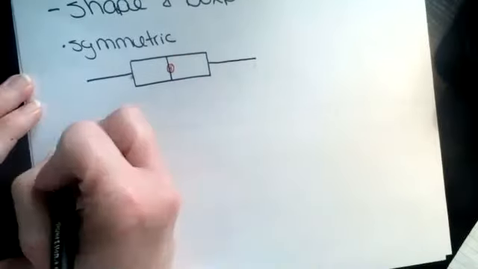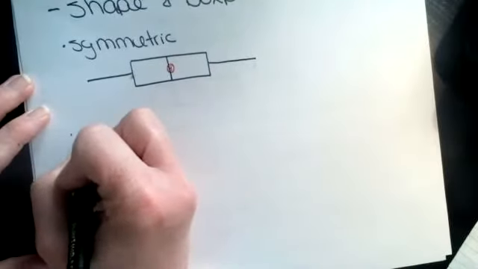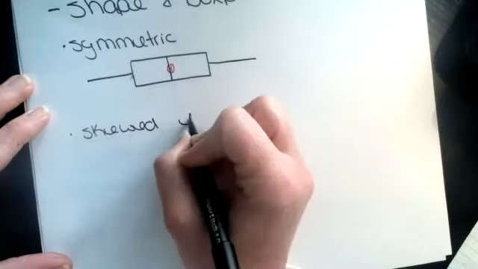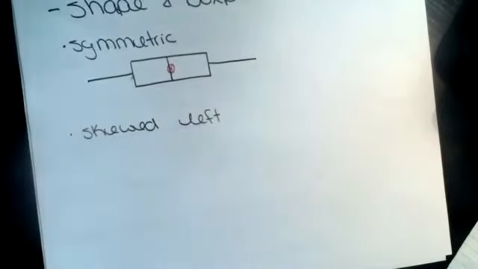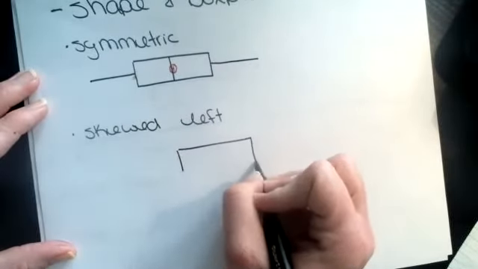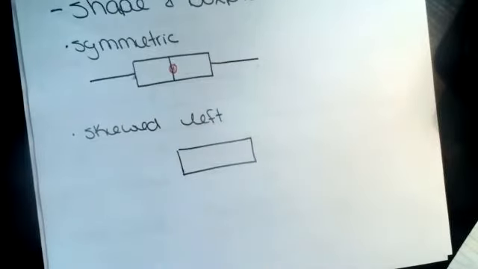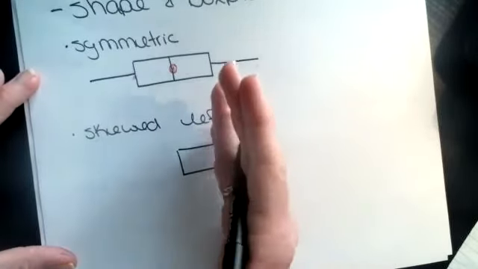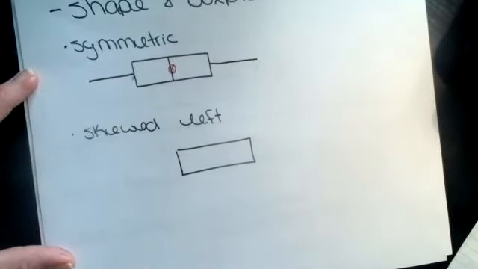Now, if we were going to have a skewed left data set, the box plot of that data set, I would have my box. And remember what happens with skewed left? I have a whole bunch of little values to the left.